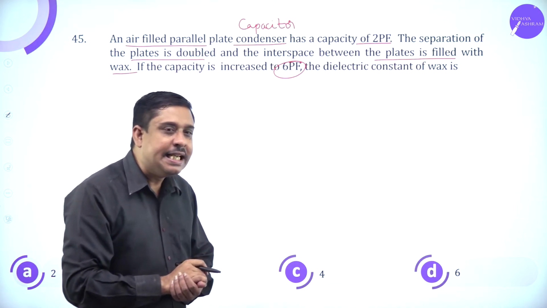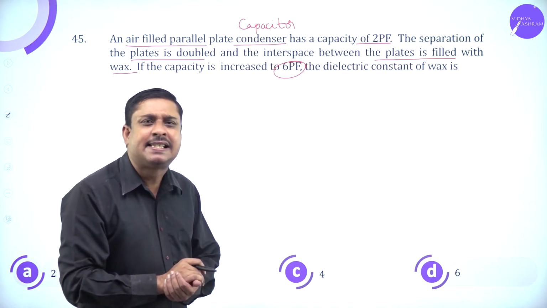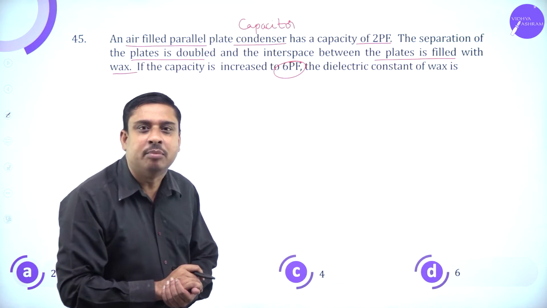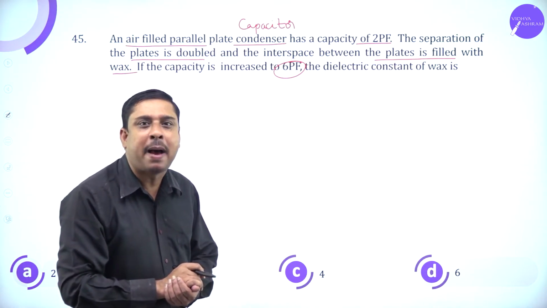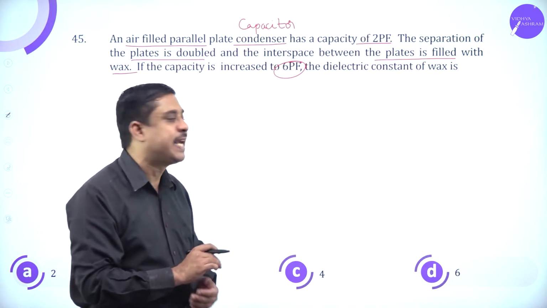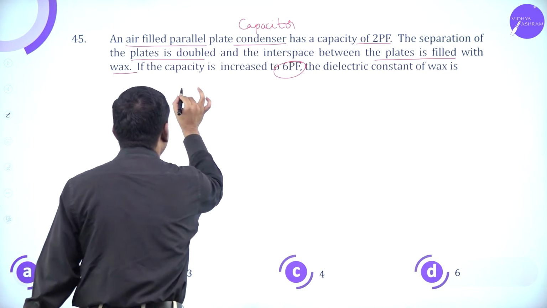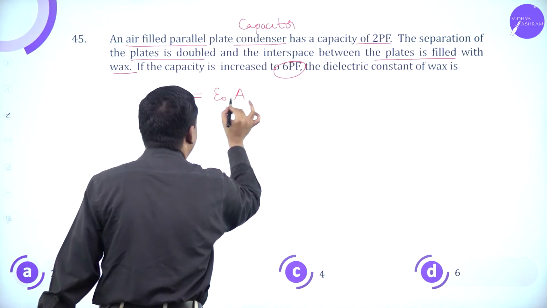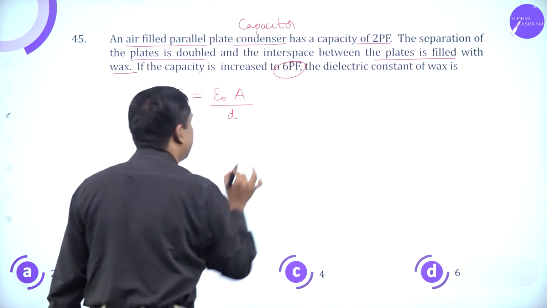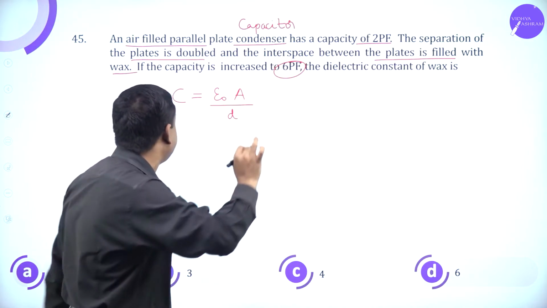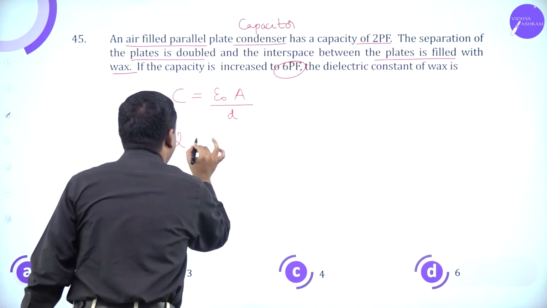Initially it is the air medium. No material medium. So what is the capacitance of an air-filled parallel plate capacitor? C equals epsilon naught A divided by D. What is C in first case? 2 picofarad.